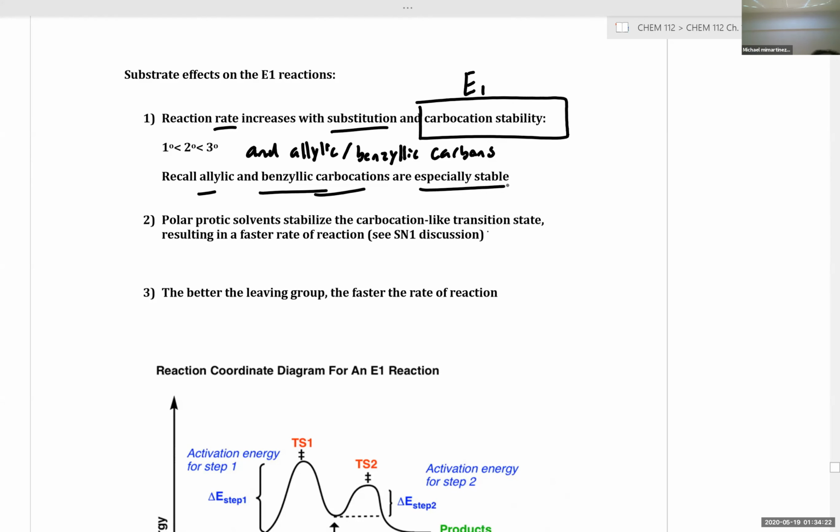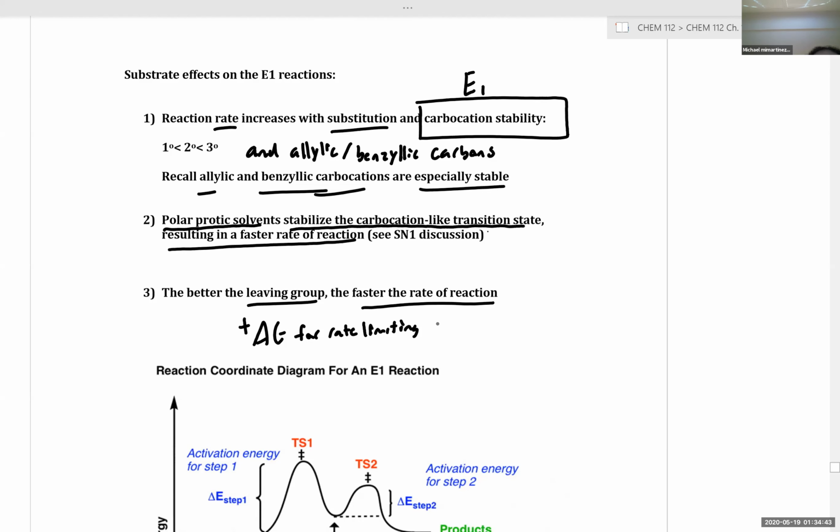Now, just like SN1, polar protic solvents stabilize the carbocation-like transition state, resulting in a faster rate of reaction. Further, the better the leaving group, the faster the rate of reaction, as the Gibbs energy of activation for the rate limiting step depends on the leaving group.